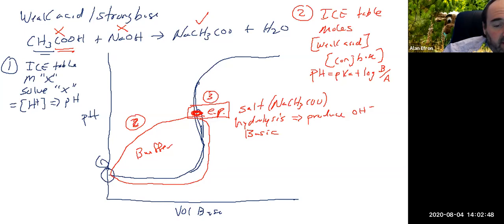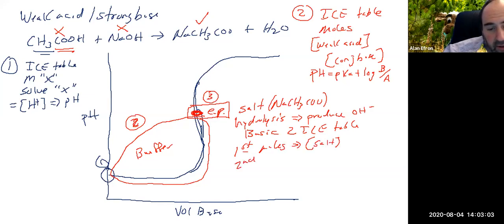What this means in terms of calculation is it usually requires 2 ice tables at this point. The first table is done in moles, and the purpose of that is to get the concentration of the salt. The second one is your hydrolysis ice table, where the salt reacts with water to produce hydroxide.